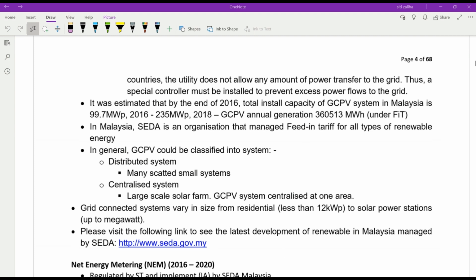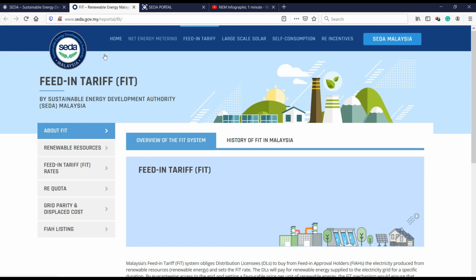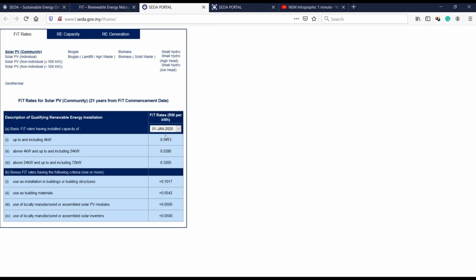Let's go to this website, www.seda.gov.my. You click Feed-in Tariff. This is the information overview of the FIT system. We can check the FIT rate. The FIT rate for solar PV, community, is for 21 years from the FIT commencement date, starting January 2020.